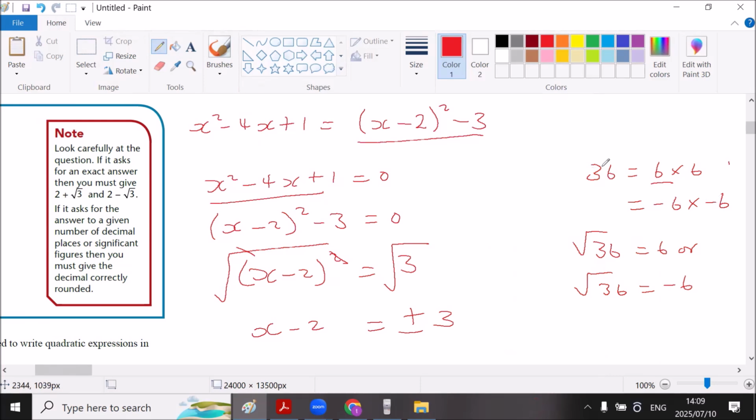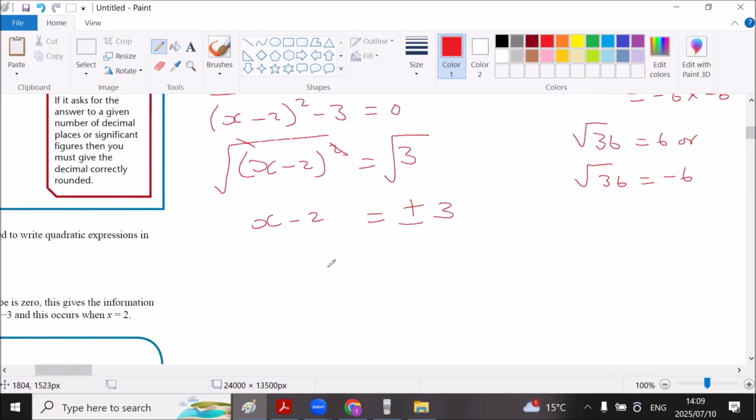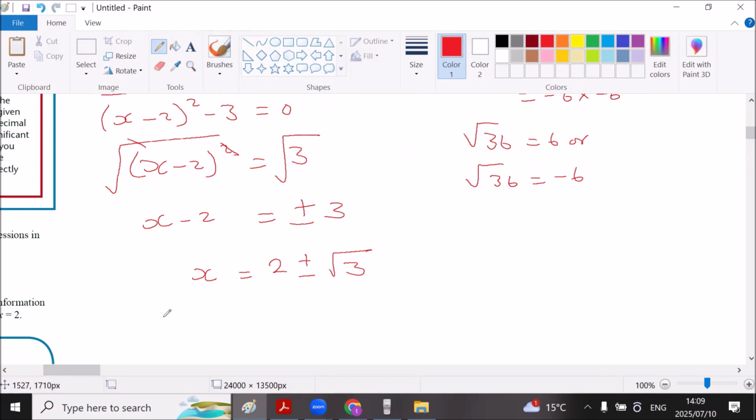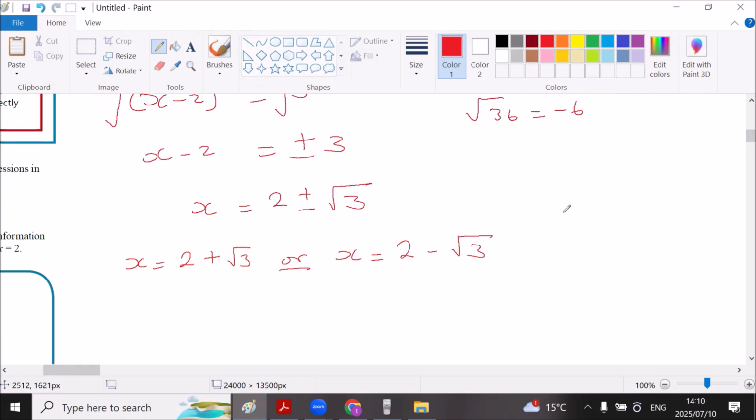From there, we can take this minus 2 to that side, it becomes positive. x is equal to 2 plus or minus the square root of 3. And what this means is either x is equal to 2 plus square root of 3, or x is equal to 2 minus the square root of 3. So these are the possible solutions.